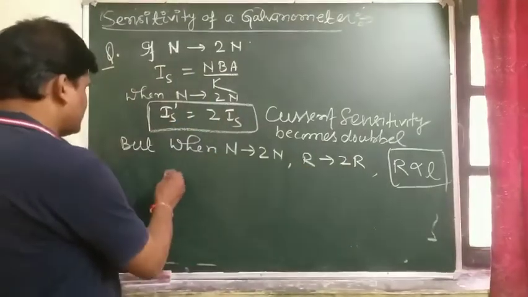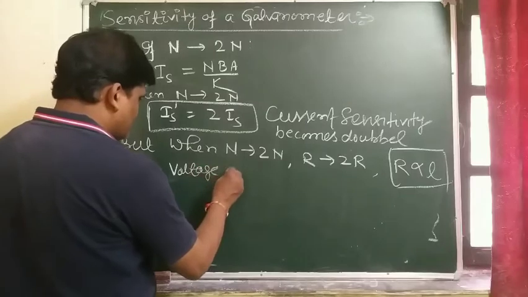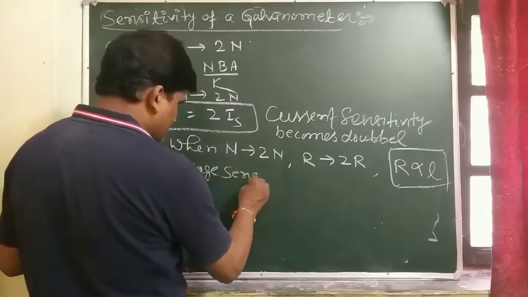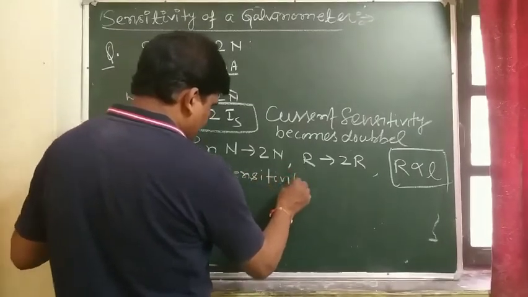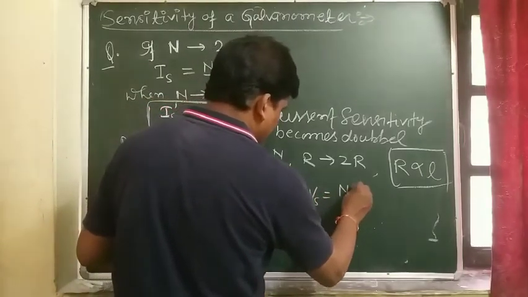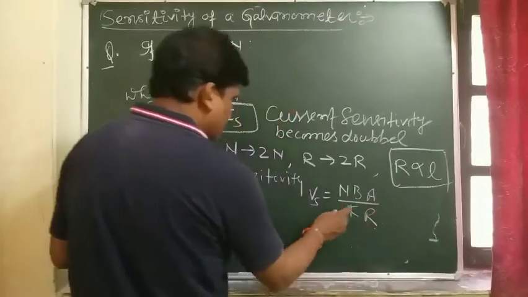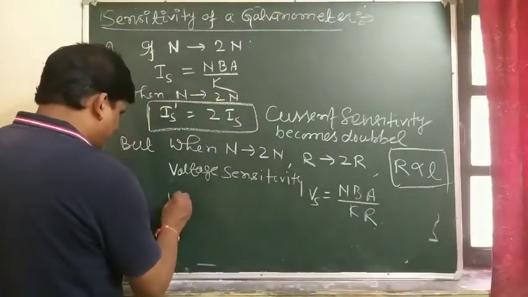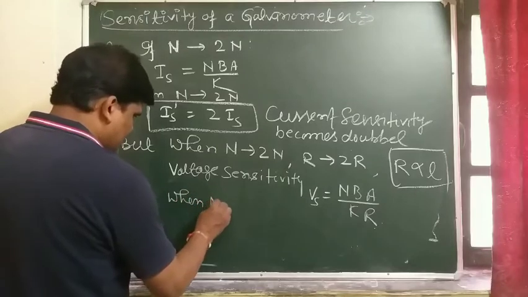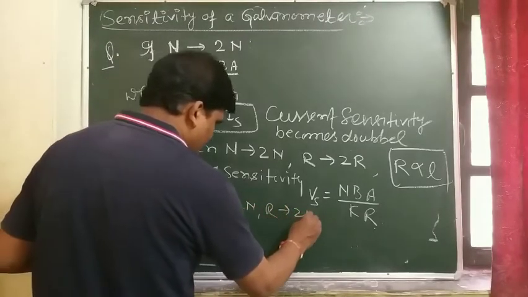So for voltage sensitivity Vs, we know that it is NBA by KR in the initial case. When N tends to 2N, R tends to 2R.